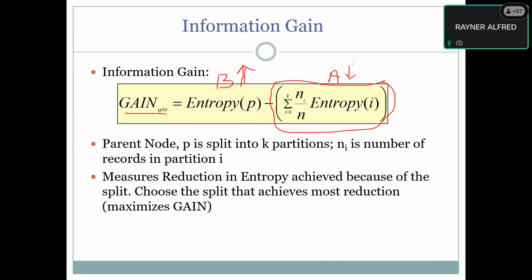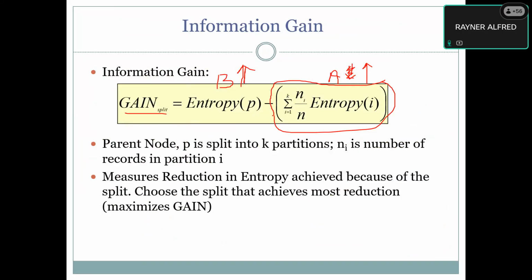So if this is high and this is low, then you have maximum gain. But if this is high and after splitting you also have high, then high minus high gives you a small number here.